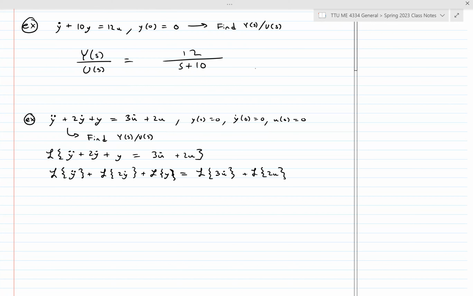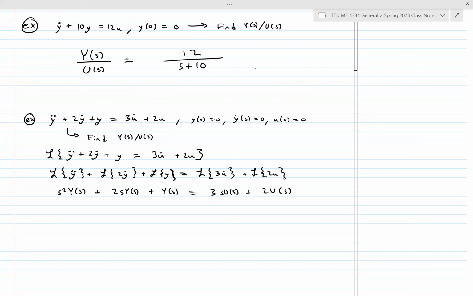There's no real trick here. Without any initial conditions, this will be s squared y of s, this will be 2 times s y of s, this will just be y of s, this will be 3s times u of s, and this will be 2 times u of s.